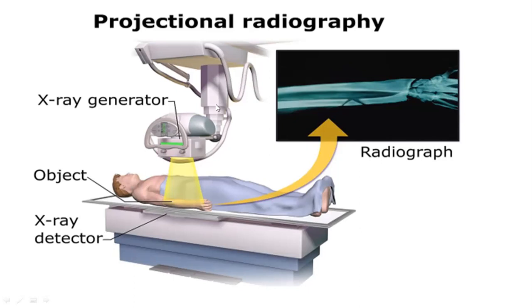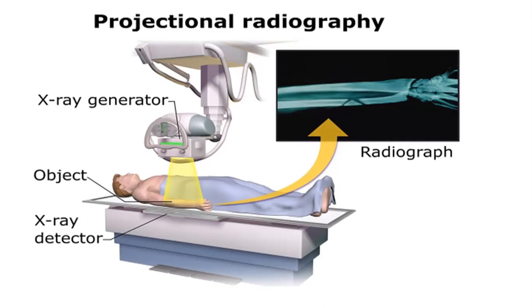So this is called anterior posterior because the X-rays are coming from the anterior view of the patient, and the image is taken posteriorly. The posterior aspect of the patient is close to the film plate, so the image formed is sharper.